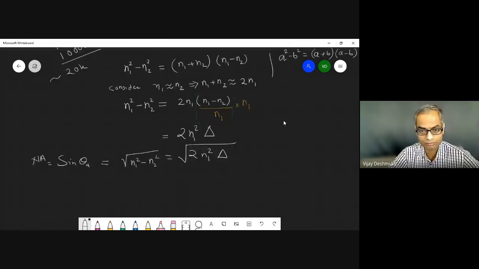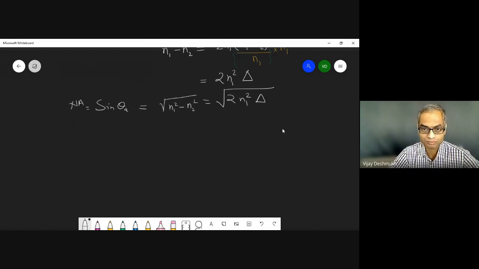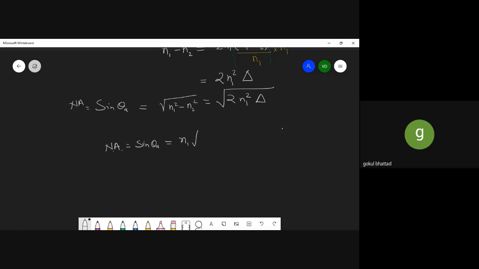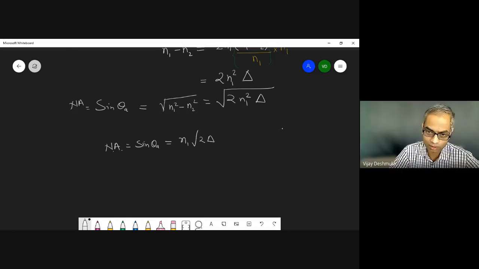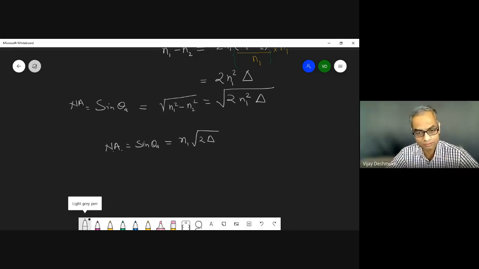It is the same, all these are same. Therefore we have the numerical aperture, that is equal to sin theta A equals, now taking this N1 square outside the square root, N1 times square root of 2 delta, right? This is very important.